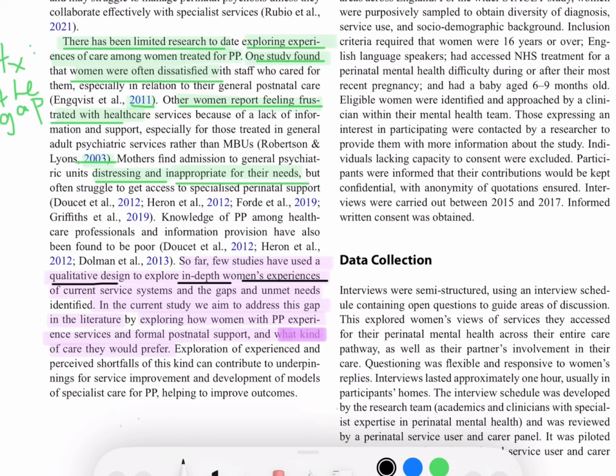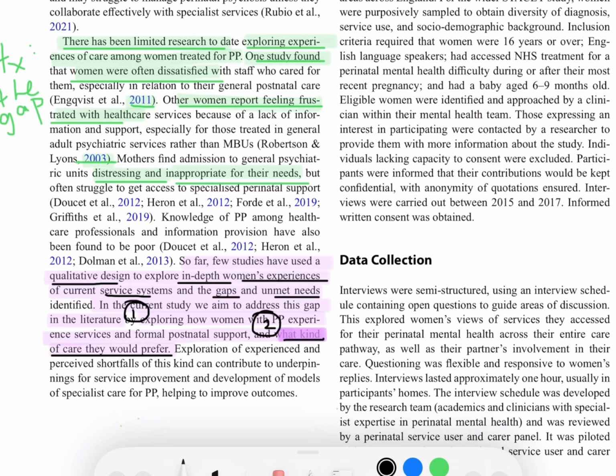Learn about women's experiences of the service that they received. What are the gaps in the service? What needs are not met? So, number 1, the qualitative design is to explore how women experience the service. And number 2, our second research question, what kind of care they would prefer.